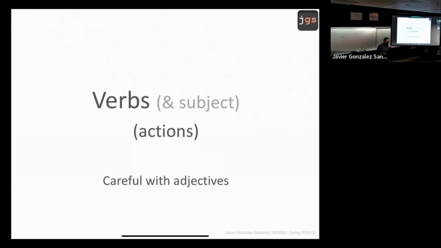The second thing that you need to be careful about is when a sentence has some kind of adjective. Do you remember this? Fast, easy to use, beautiful, and so on. Every time that you have an adjective in a sentence, you need to be careful, because you want to test things.